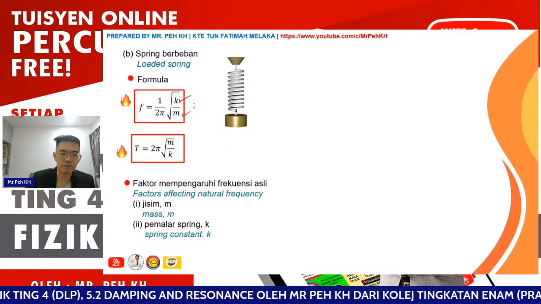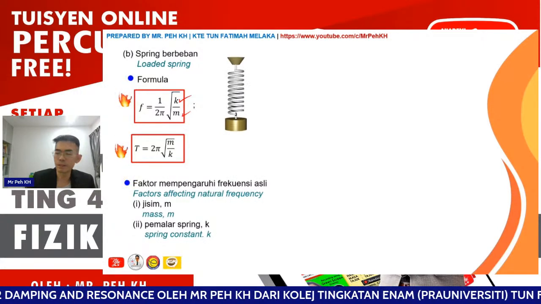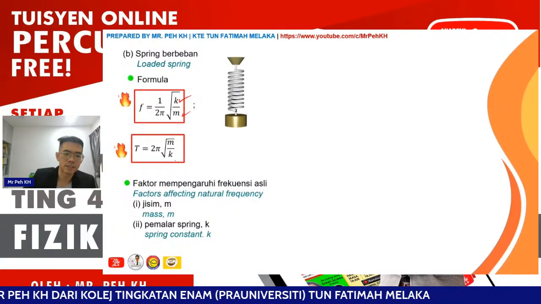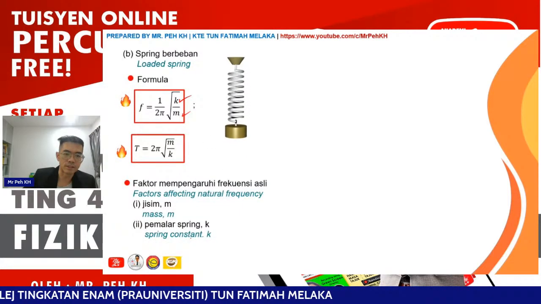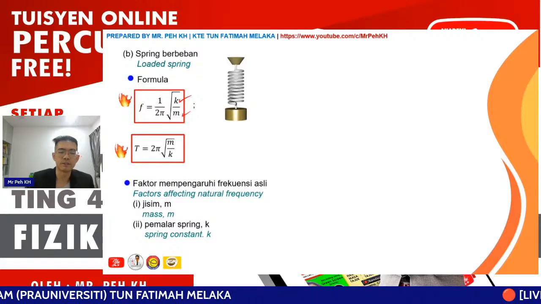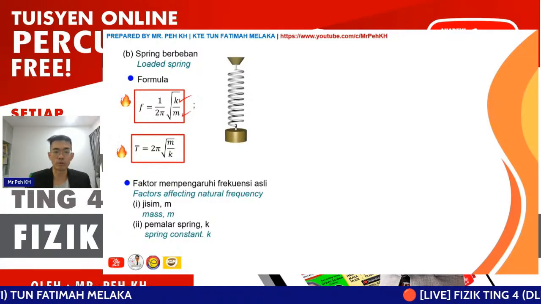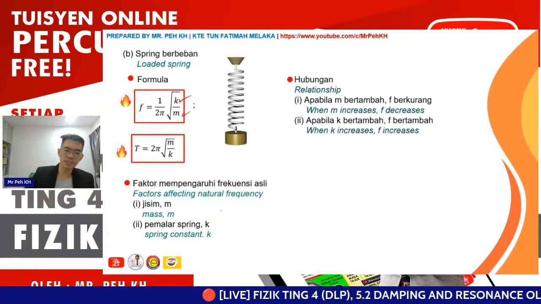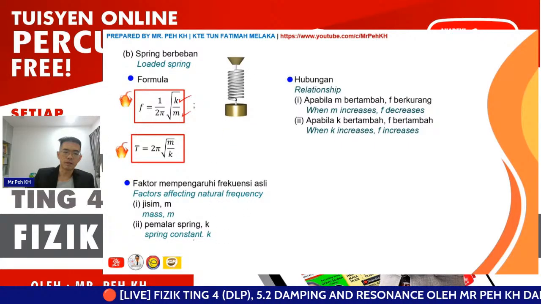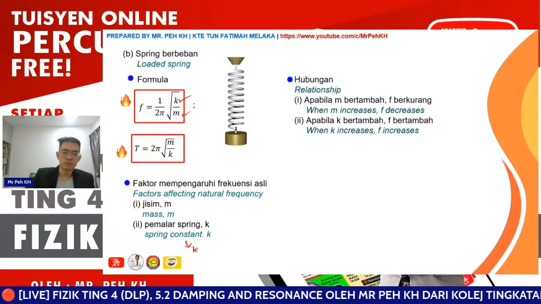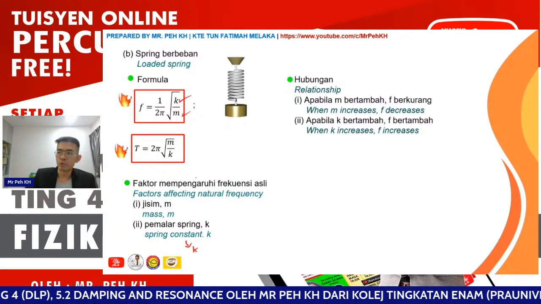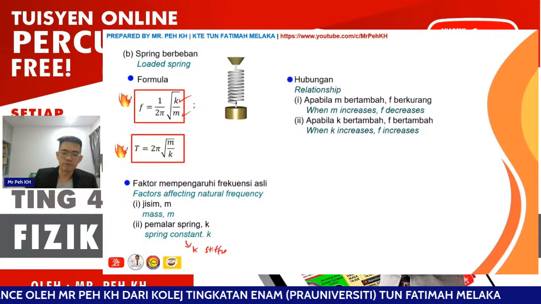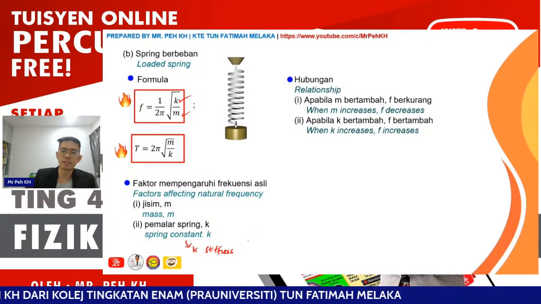The factors affecting the natural frequency are m, referring to mass, and k, the spring constant. So what is the spring constant? For form 5 students, I think you may know. For form 4 students, the spring constant is the indicator that shows the stiffness or hardness of the spring.